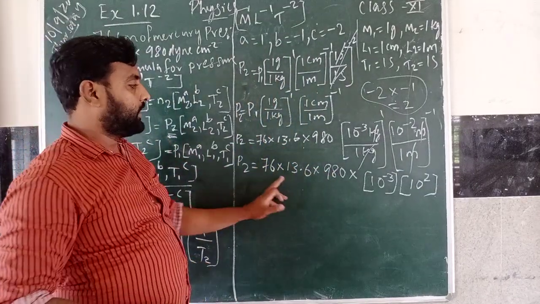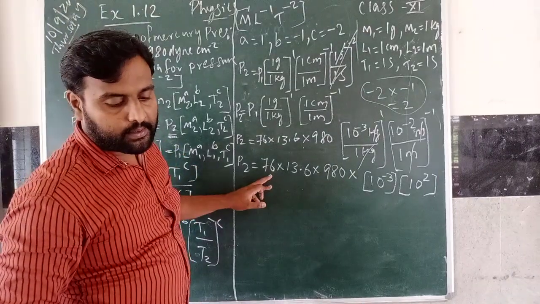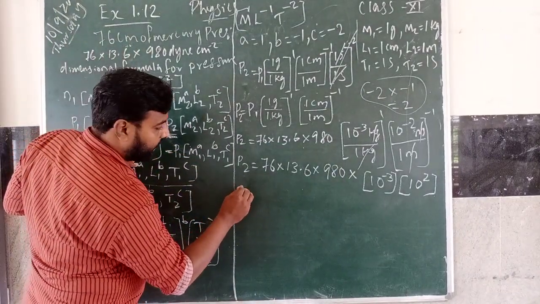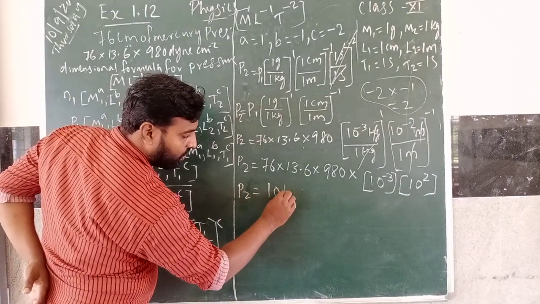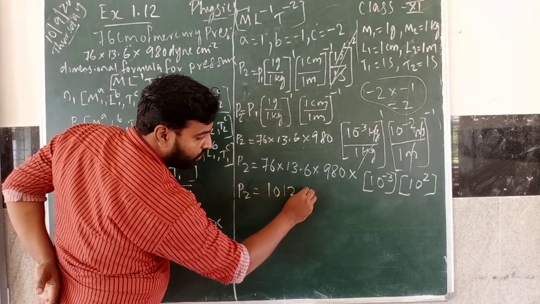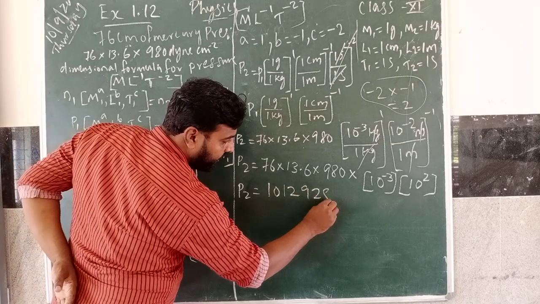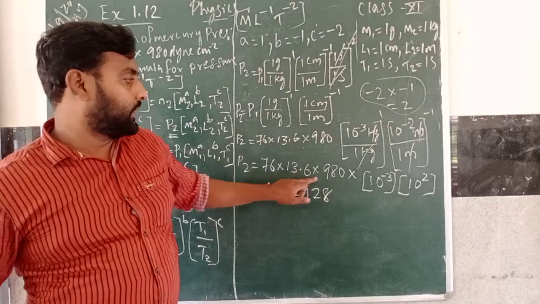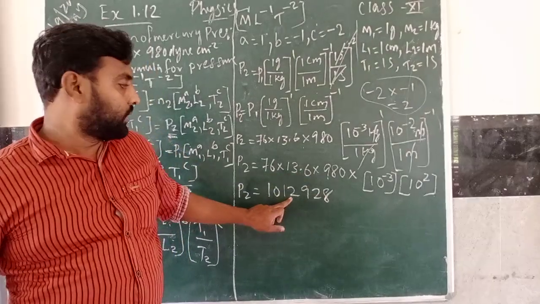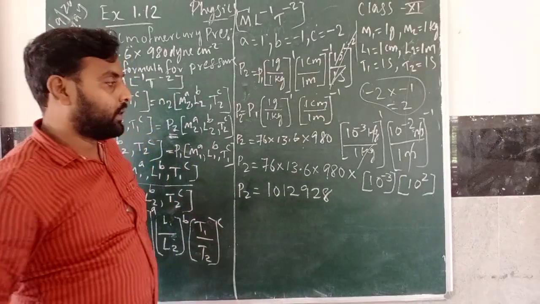Understand? Now multiply this. When you multiply 76 into 13.6 into 980, you will get P2 is equal to 1012928.